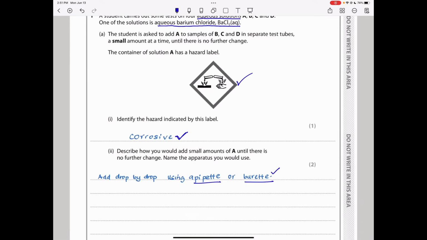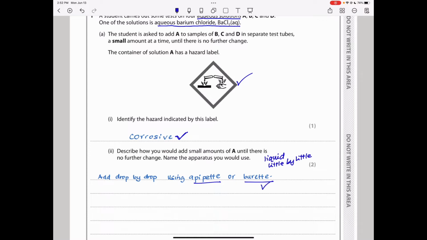It's very unique. Describe how you would add small amounts of A until there is no further change, and name the apparatus you would use. So the key thing here, they've told us A is one of the 4 solutions we have, so it means it's going to be a liquid, and we need to add it little by little. So we need to get some apparatus that has the ability to add a little amount at a time.